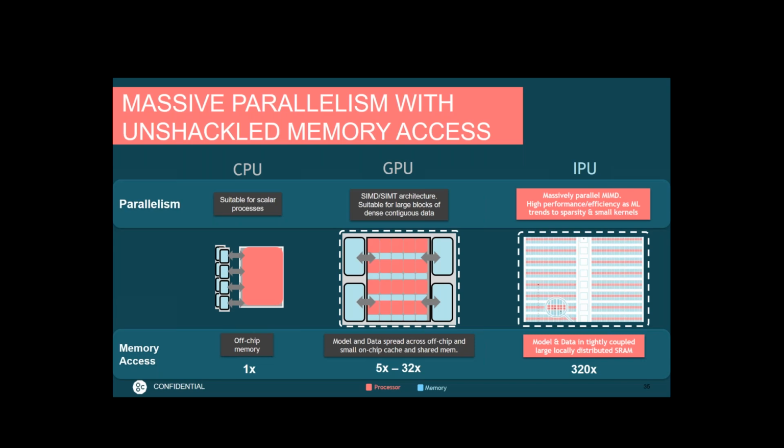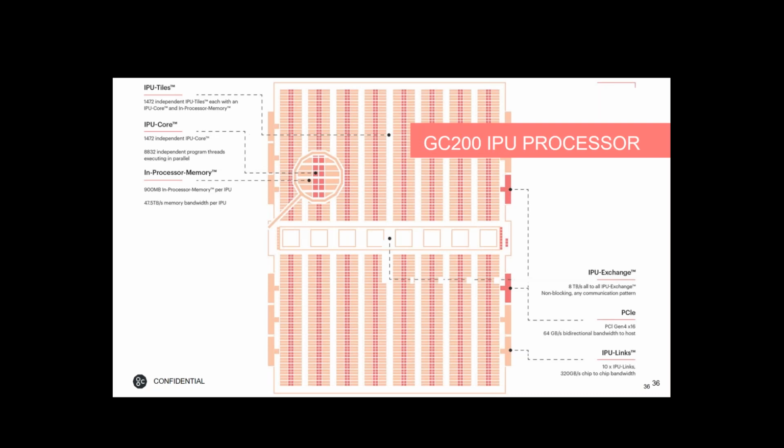So if you go on to the next page, Jason, you'll see a little bit of the footprint of our device. As I said, we've got just under 1,500 independent IPU tiles, and each one of those is performing multiple threads, like I mentioned. We have co-located memory, so every core has an amount of memory neighboring that core, and in total that sums up to 900 megabytes of memory on one chip.